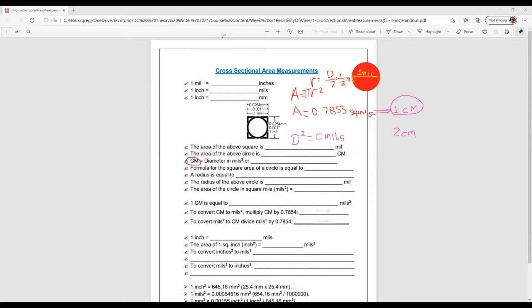Let's say that we have another conductor here, and this conductor has a diameter equal to 2. This has 2 mils in diameter.